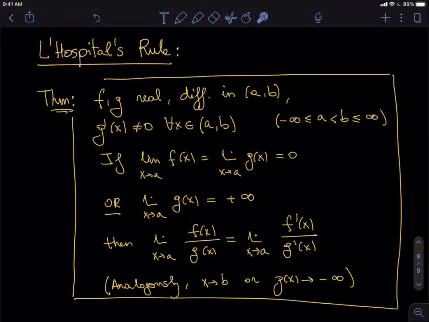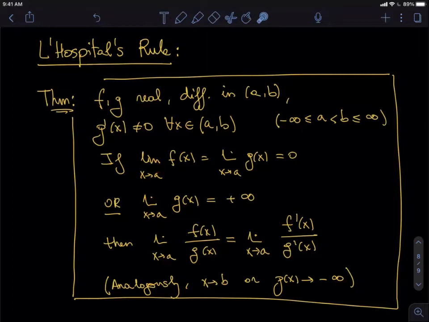Here, the part that may be a little different from what we are used to seeing is that we are taking lateral limits as x tends to a. a is the left limit of the interval. It could also be the right limit of the interval. That would not be a problem. So this is slightly more relaxed than the usual hypothesis we are used to seeing in the calculus books.